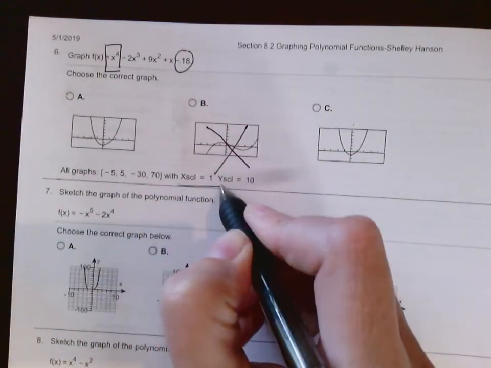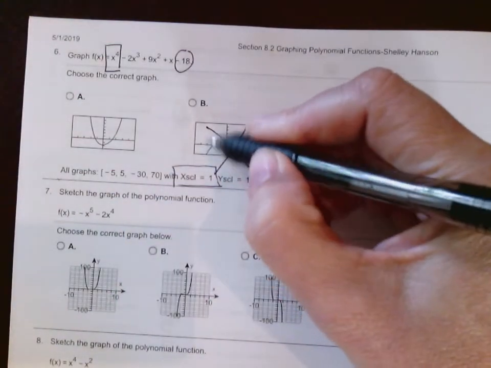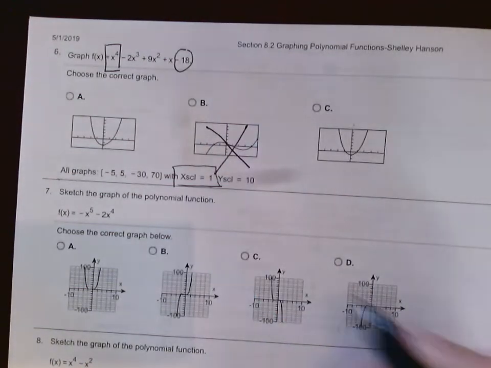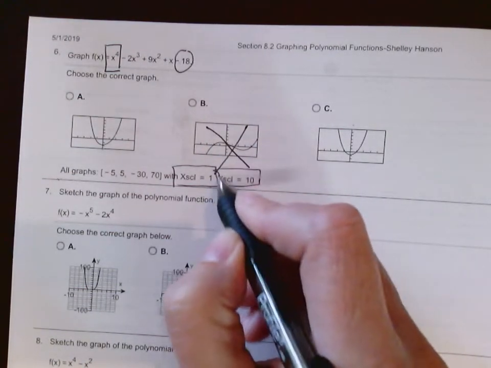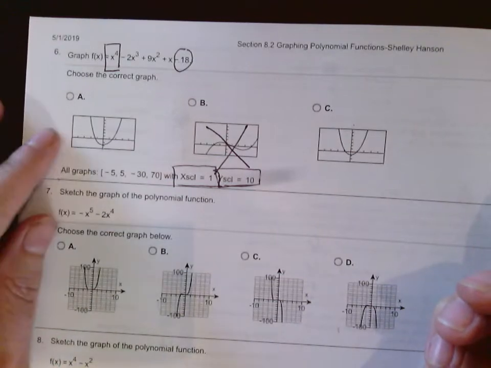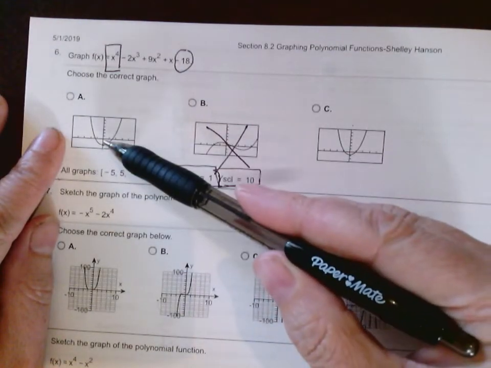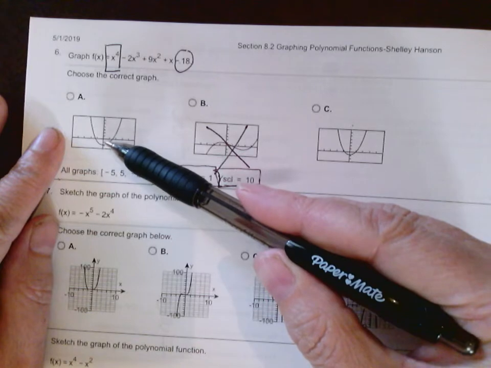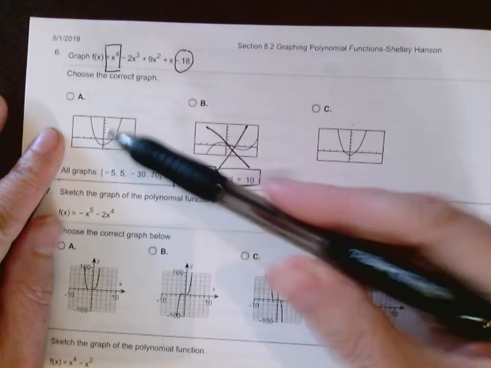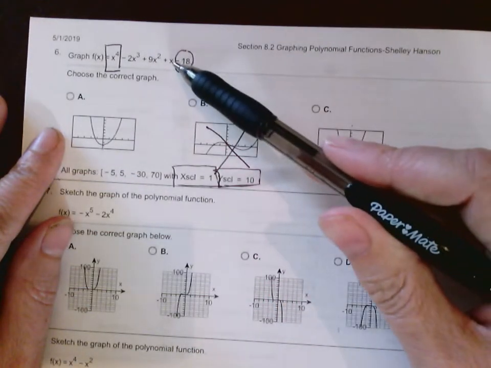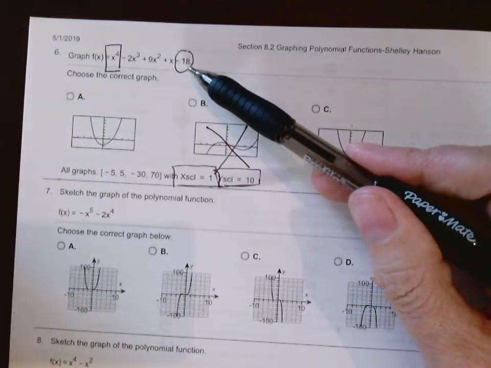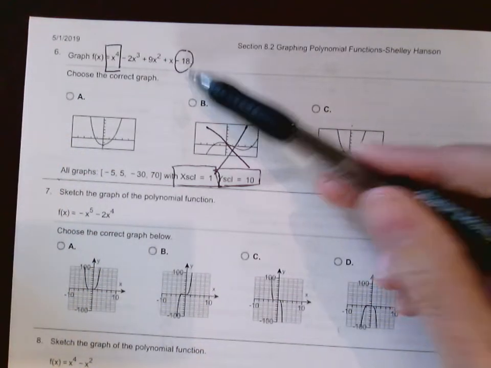It's telling you that the x hash marks are going by 1s, but look at what the y hash marks are going by. They're going by 10s, which means each one of these little hash marks is going by 10s, and it needs to cross at negative 18, which is almost to negative 20.